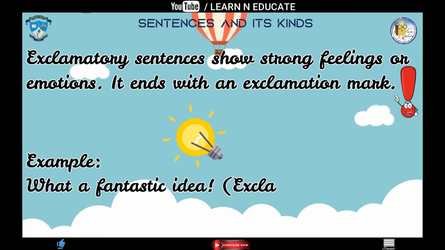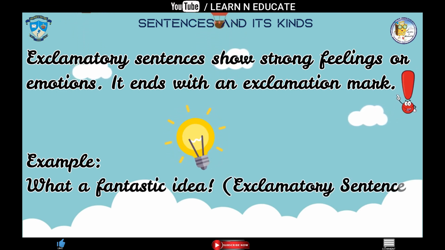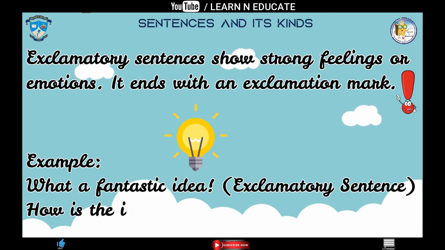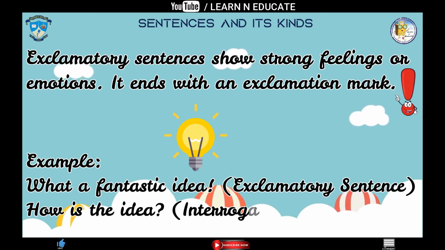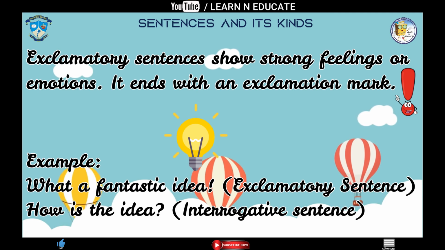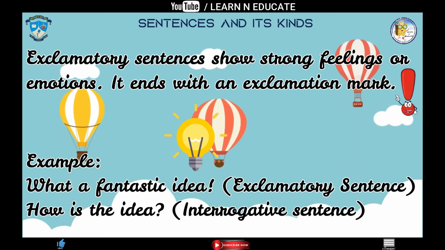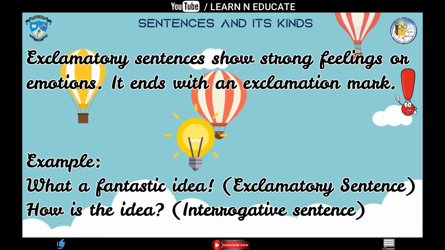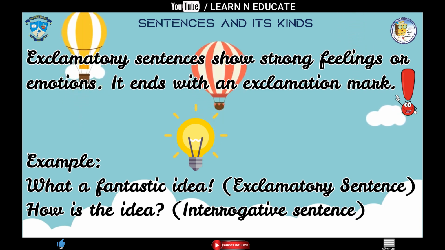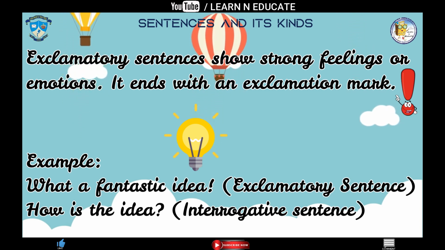You must be thinking, why is there an exclamation mark after the sentence when the sentence is starting with what? We have already seen that interrogative sentences are used to ask questions. But in this example, the question is not being asked.